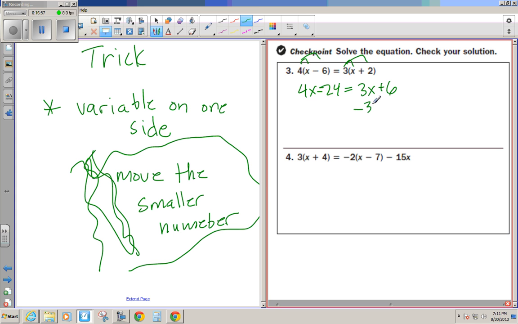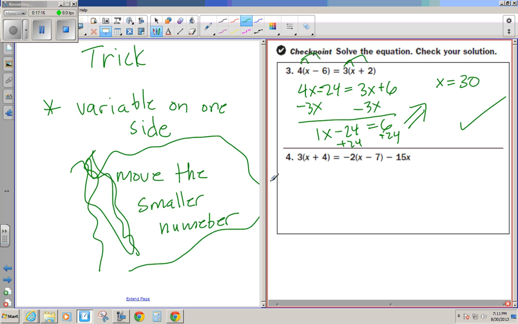So minus 3x both sides. It gives us 1x minus 24 equals 6. Now we add 24, and you get x equals 30. And then check to see if it's right.